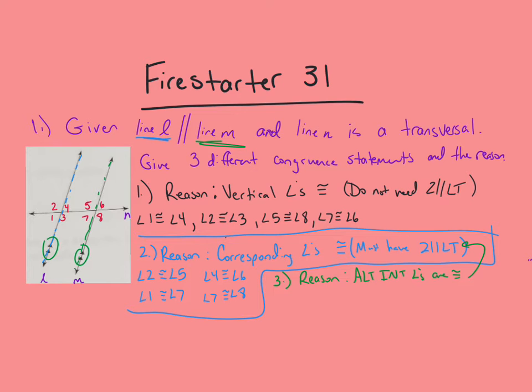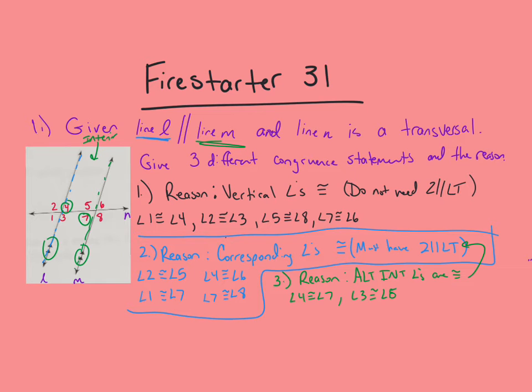So this would be the inside. So all this stuff on the inside, that would be the interior. All right. Now, 4 is inside. 5 is on the same side, so 7 is the interior alternate. So I'm going to put angle 4 is congruent to angle 7. And at the same time, I could say angle 3 is congruent to angle 5.